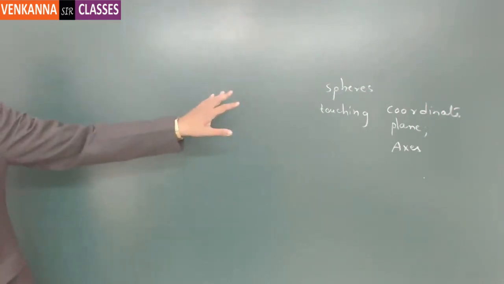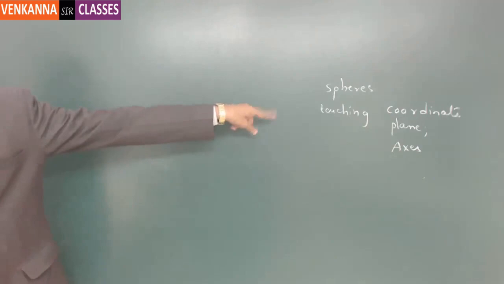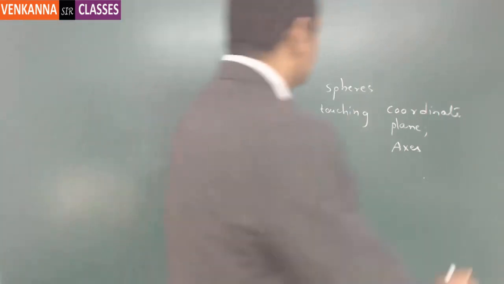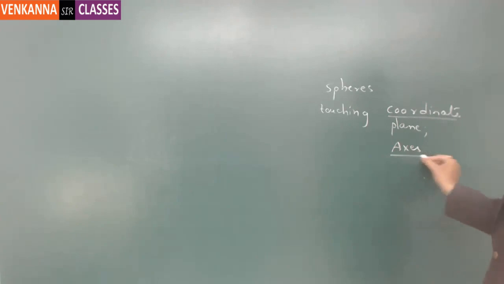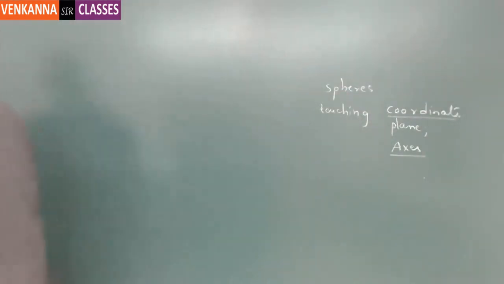Could you recollect that concept once, and the equation we wrote there when a sphere is touched by the three coordinate planes and also the three coordinate axes, how the equation comes? Please take a note of that, which was given in the previous class.